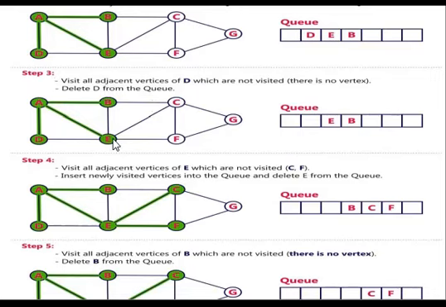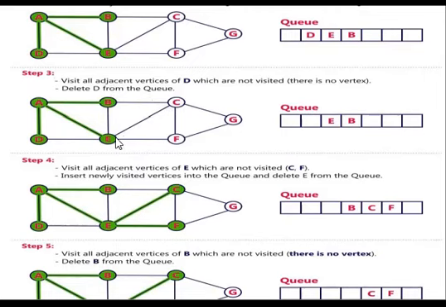Next we take the E node and visit all its adjacent unvisited vertices. From E, C and F are new vertices to be visited.